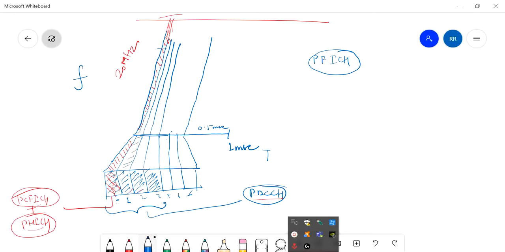So it depends upon the format and PCFICH information how many symbols will be used for PDCCH control information. And on frequency domain, it is on the full frequency grid, and in time domain, this is the position for these 3 channels, right? Okay, so let's move on.